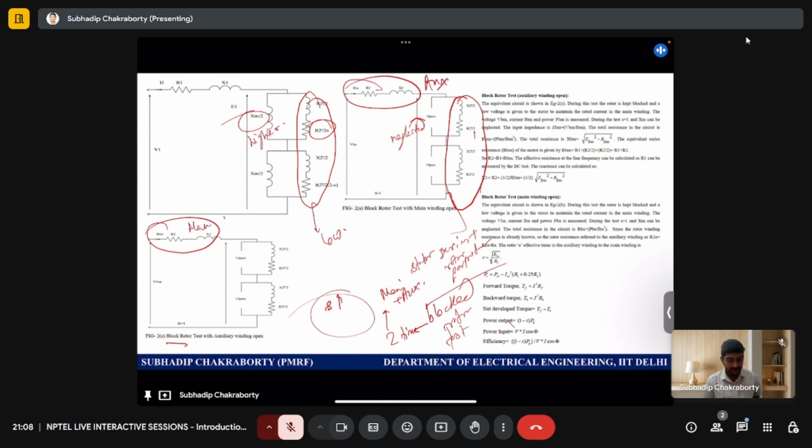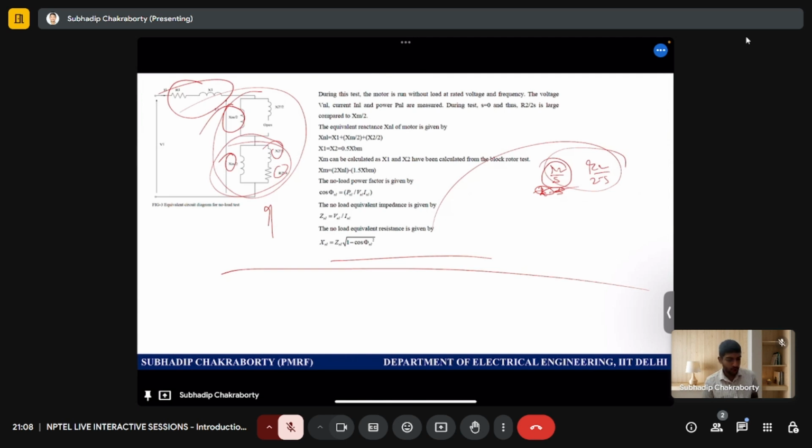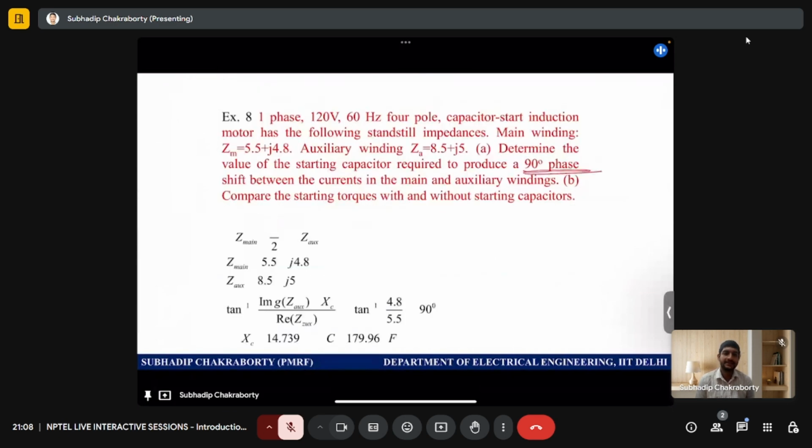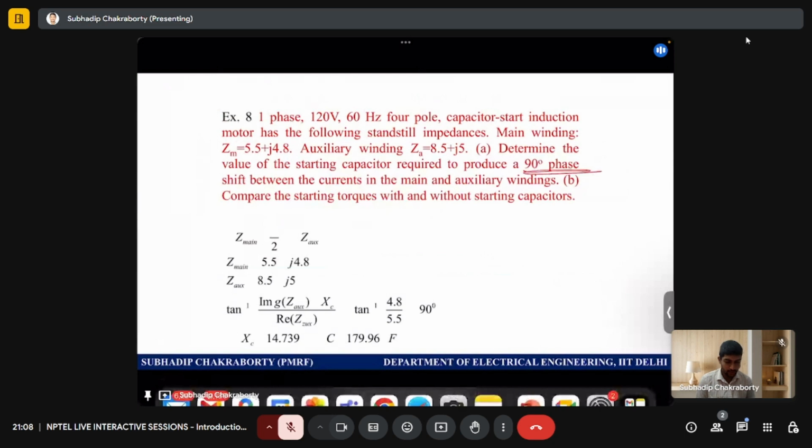So accordingly we do it, and you have some problems on what the capacitance value is. You can calculate it by first determining the angle displacement initially and the angle displacement after connecting the capacitor. You need 90 degrees. From that information you can calculate the capacitor value. So just go through the problems.